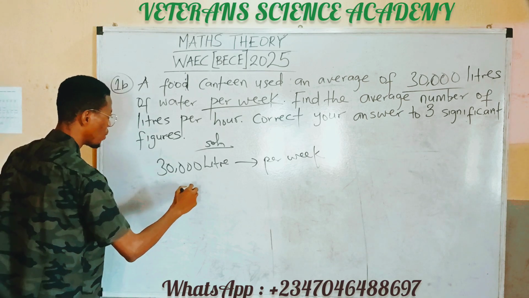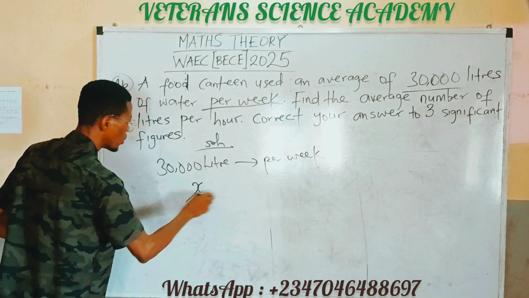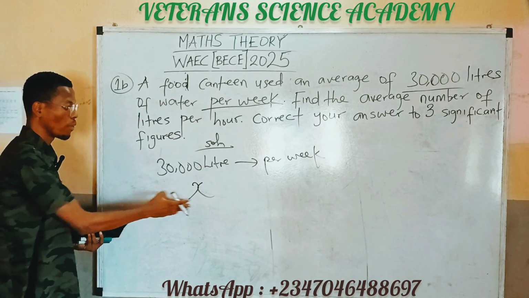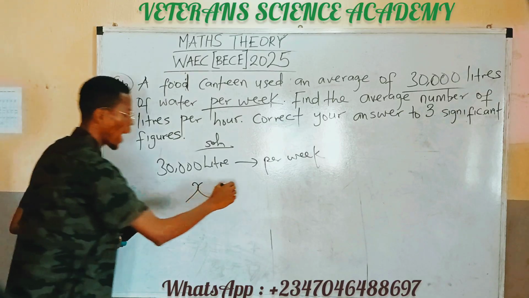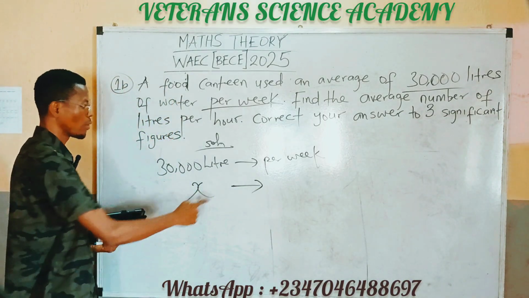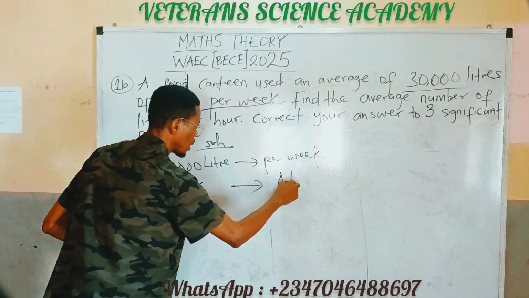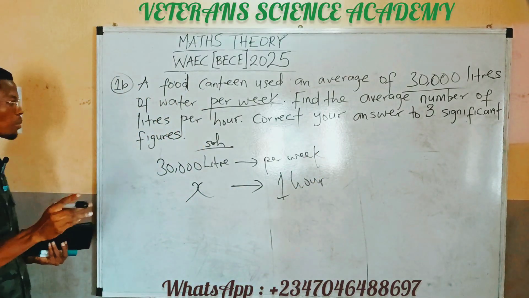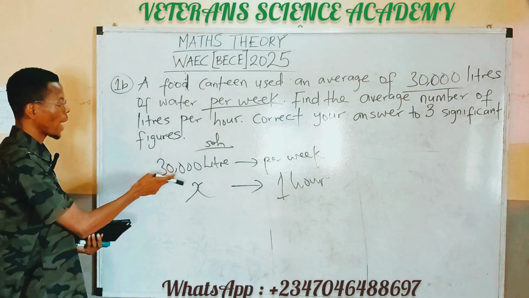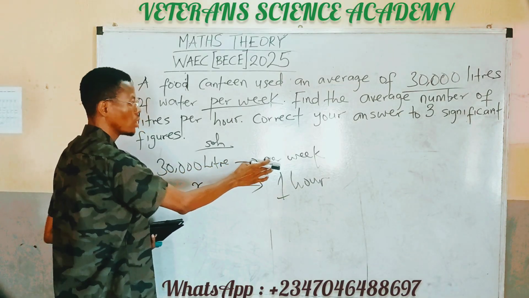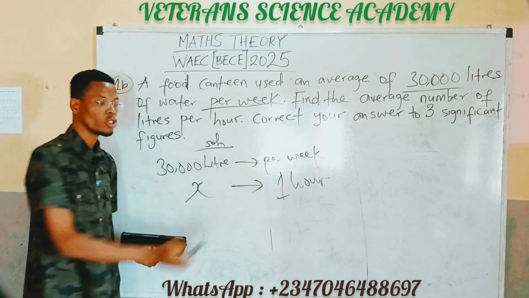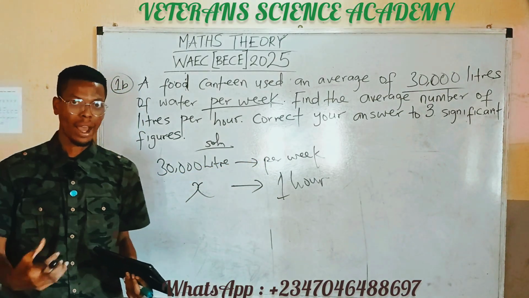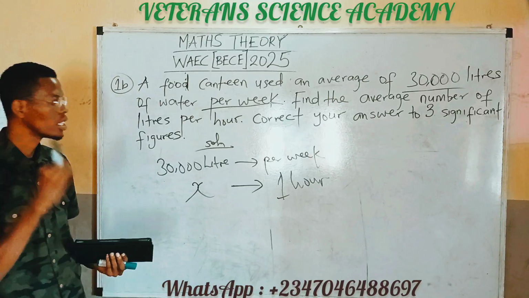Now, we are looking for how many liters they consume every single hour. We don't know the number of liters, so let me refer to it as x. I'm going to convert this per week to per hour. How many hours do we have in a week?